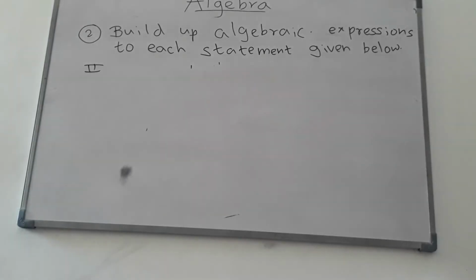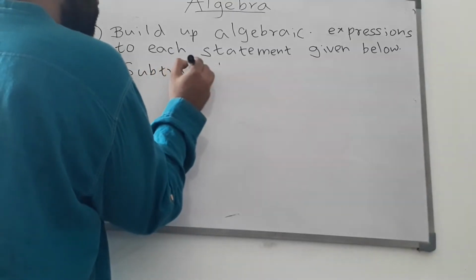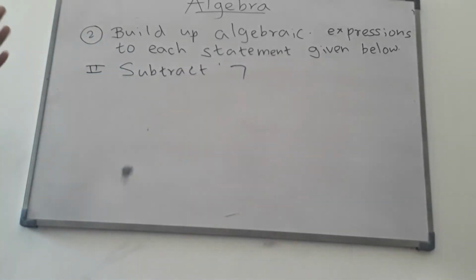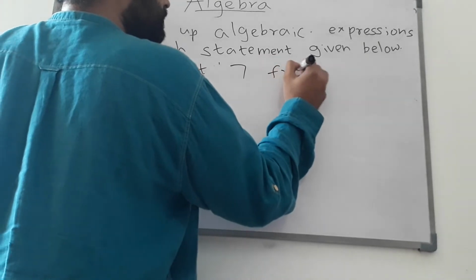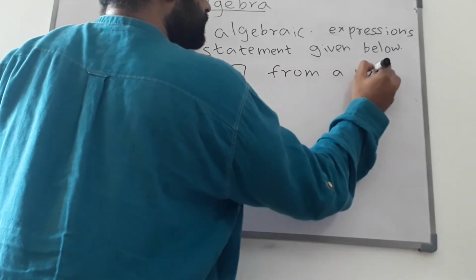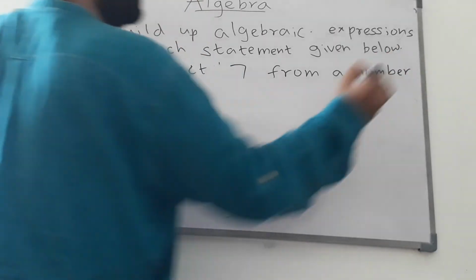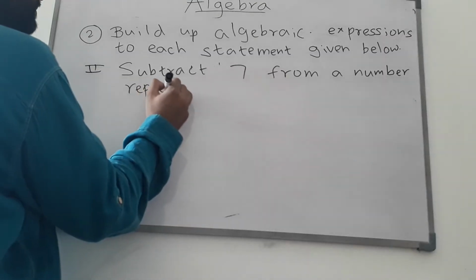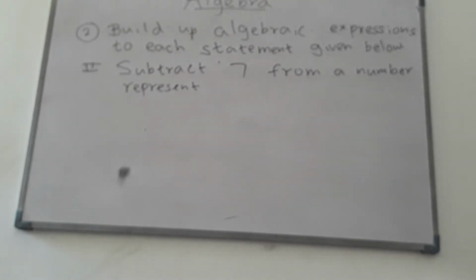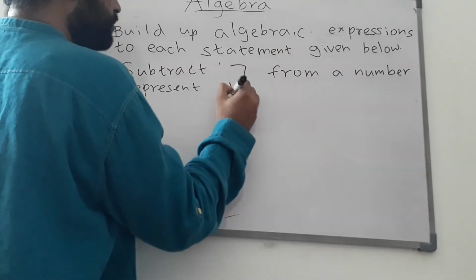Second question. Subtract 7 from a number represented by thrice q.